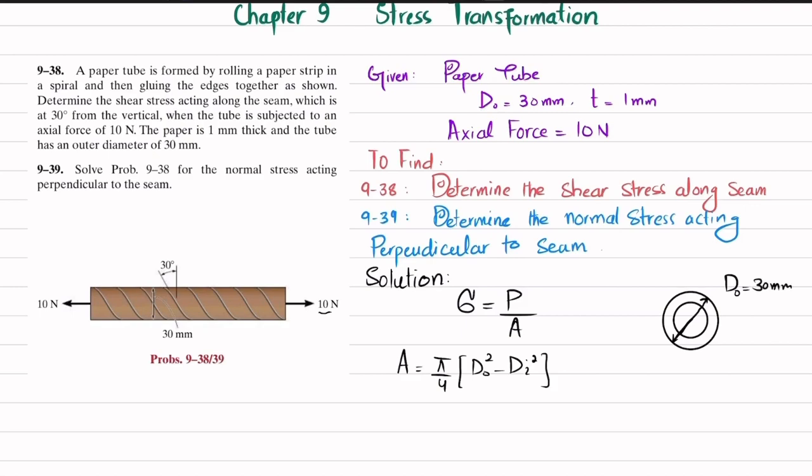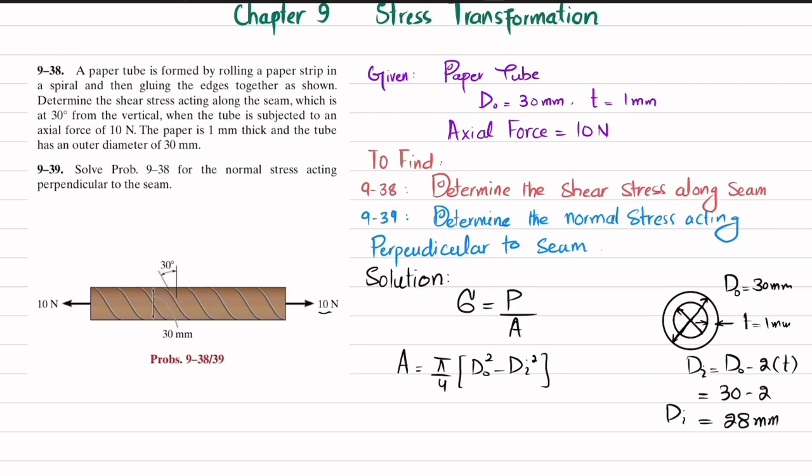This is the thickness, given as t equal to 1 millimeter. So d inner will be equal to d outer minus 2 times t, so 30 minus 2 is 28 millimeter.